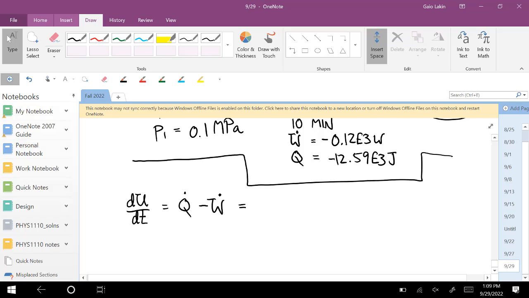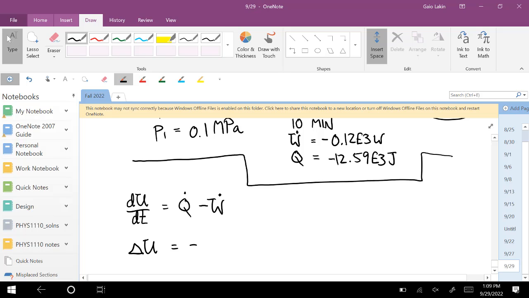So let's see, we can integrate both of these, and we get that the change in internal energy is equal to the total amount of heat added.